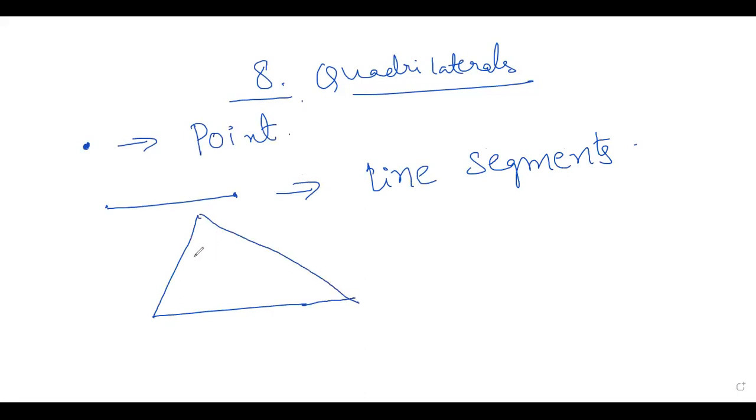How many sides are here? 1, 2, 3. So this is a closed plane figure having three sides. If the figure has 3 sides, it is called a triangle. Right? It is called a triangle.